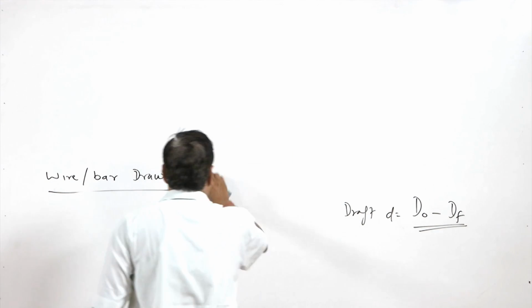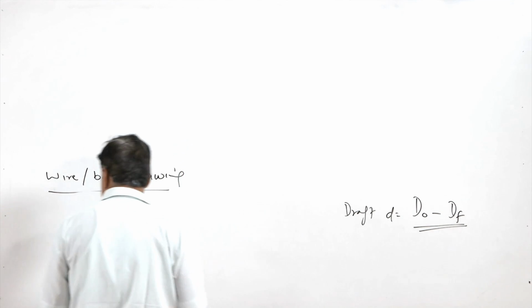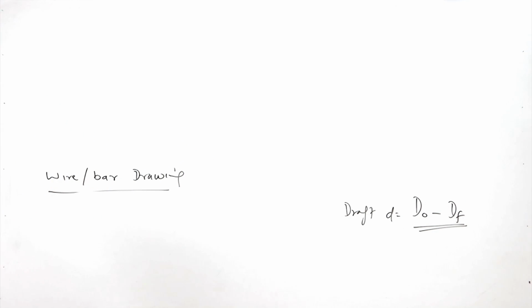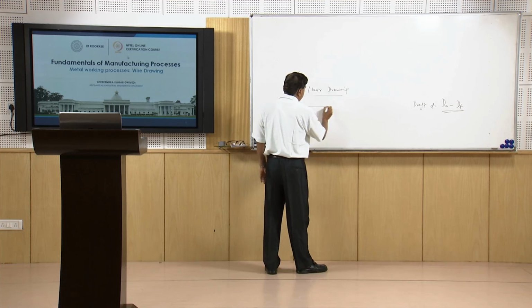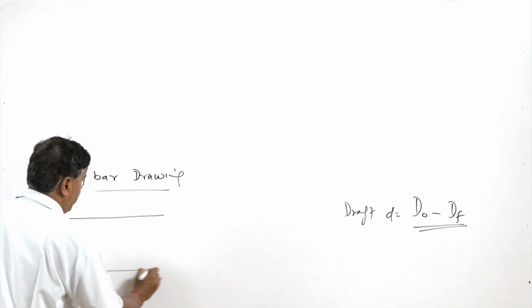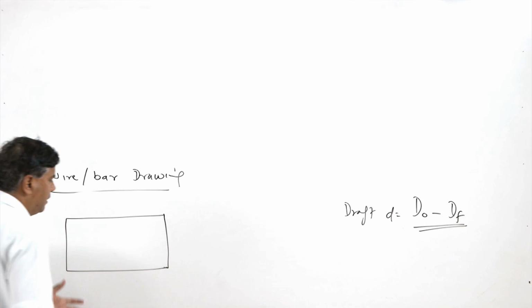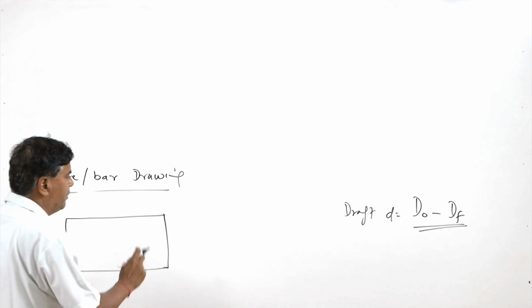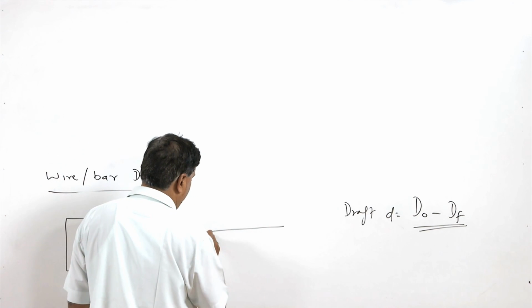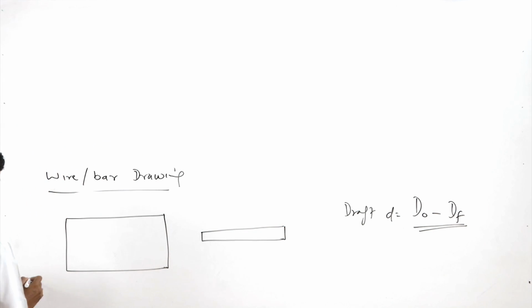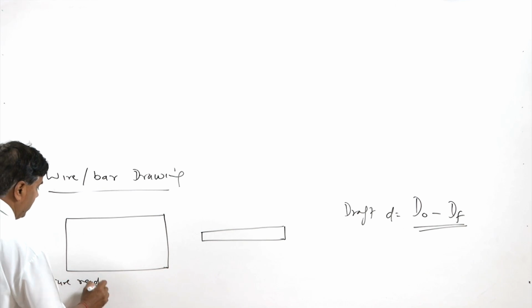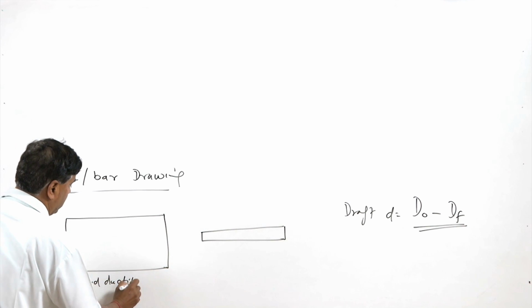So now we will see the steps which are used for the drawing purpose. Say this is the bar which is to be drawn in the form of fine wires like this. So the first step is to ensure the required ductility.